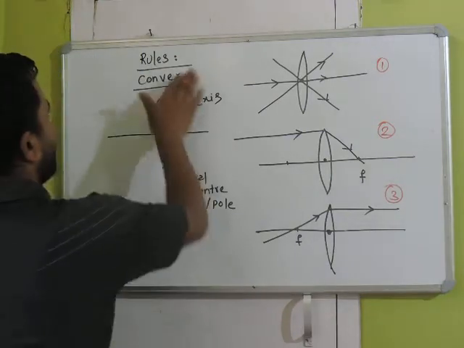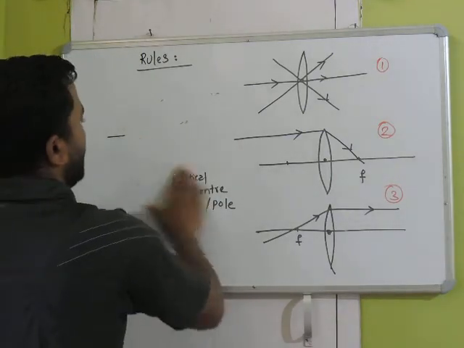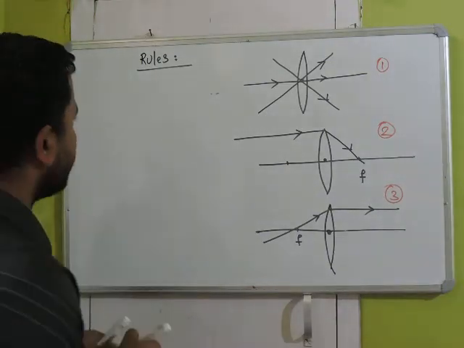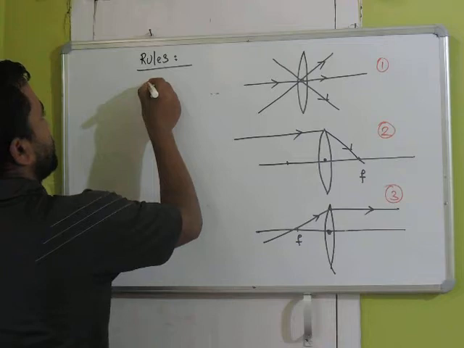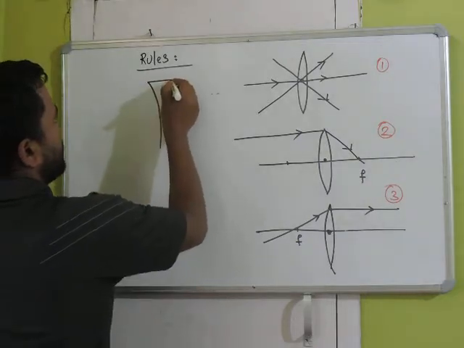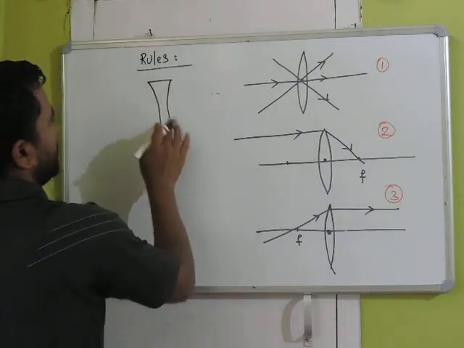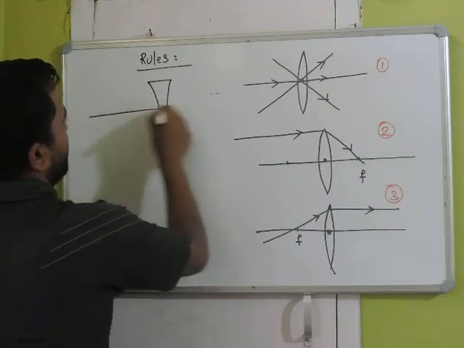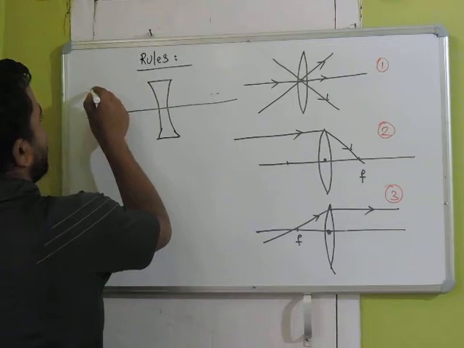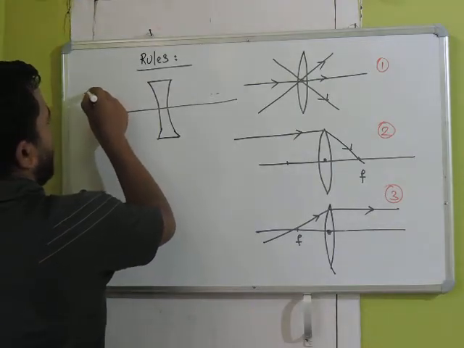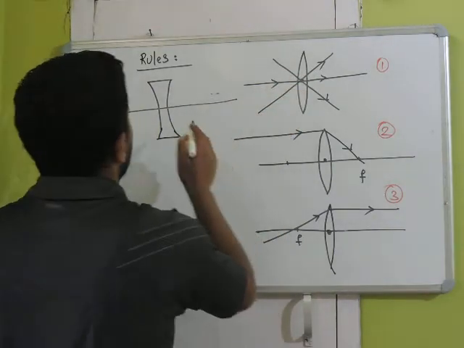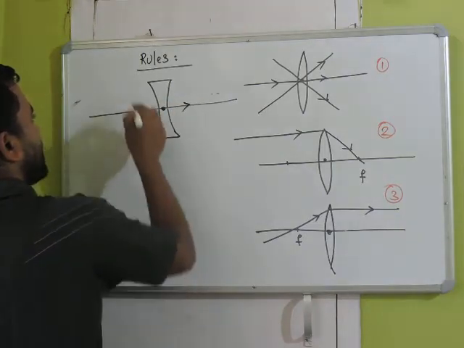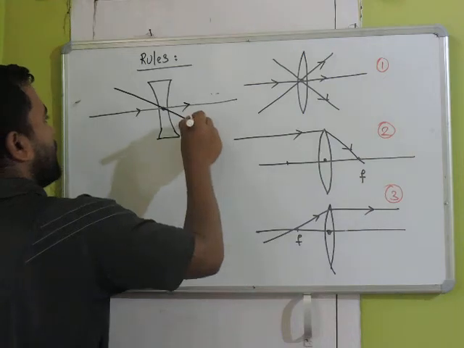Now moving on, if we have a concave lens, then the rule is, let us talk about this. If this is the optical center, a ray passing through the optical center will go undeviated.